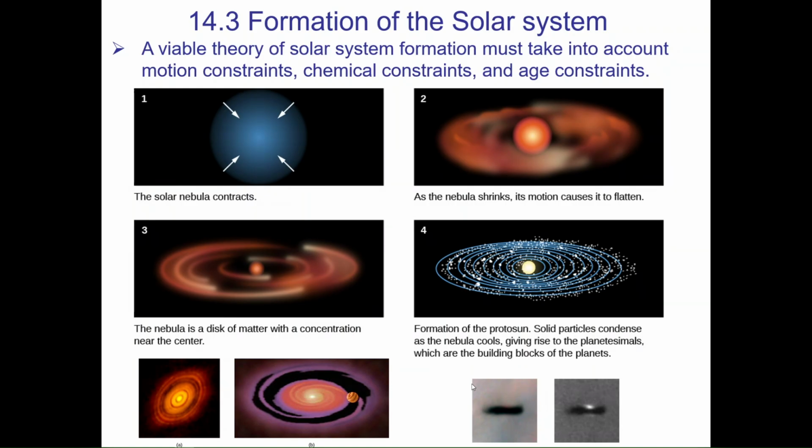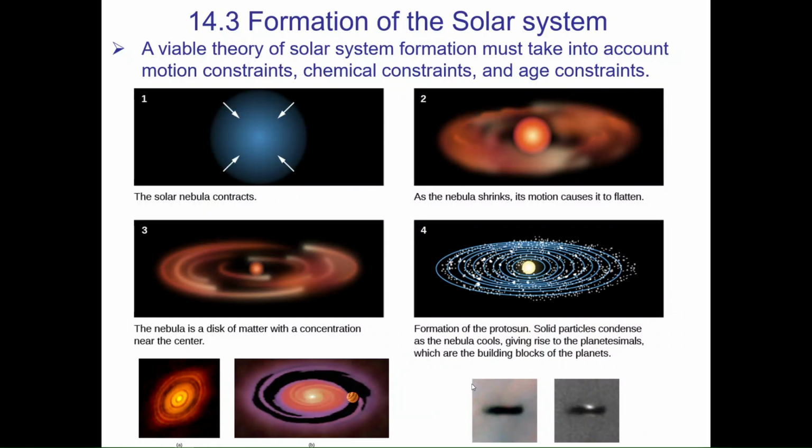However, at least we know what the solar system looks like today, we know the shape of the entire solar system, and we know what the planets are made from. Therefore, based on what we already know about the solar system today, we can come up with a theory about how the solar system formed.